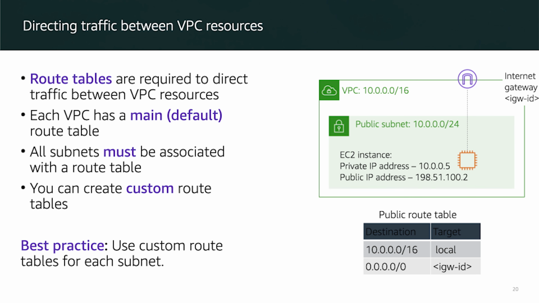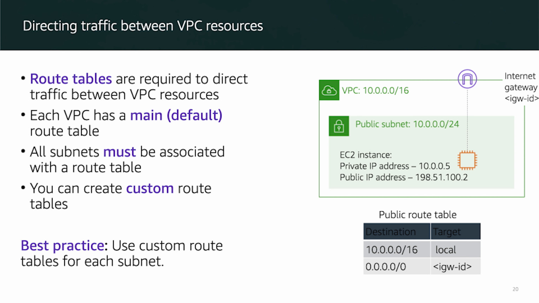You can associate a route table with a subnet that you want to connect to the internet, and a route table normally contains a set of rules. All these rules are called routes. Each route is basically used to control how the network traffic should be routed between your subnet and the targets.